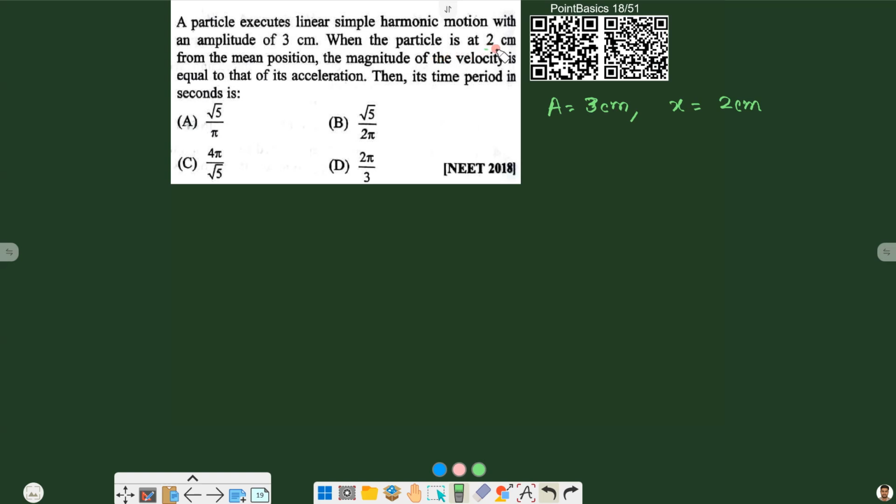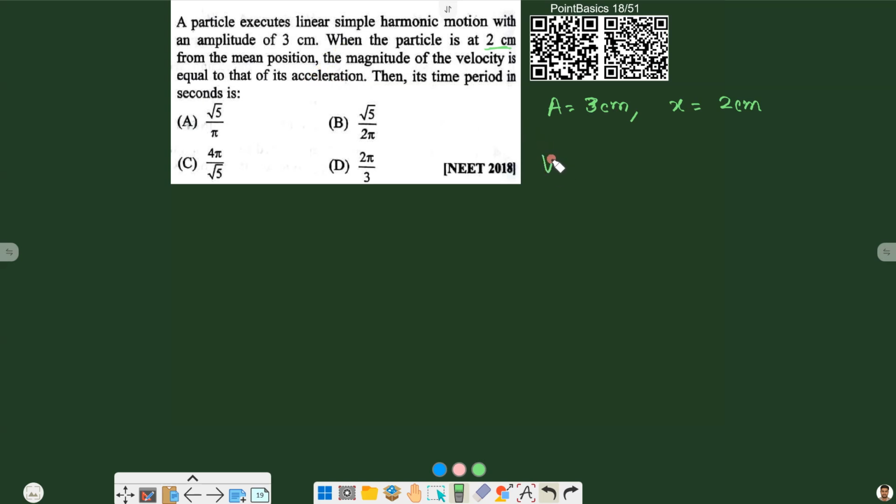The magnitude of the velocity is equal to acceleration, so we have to find the magnitude of both and we can equate them.